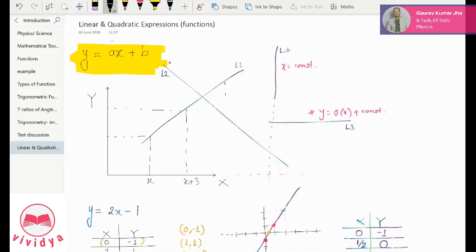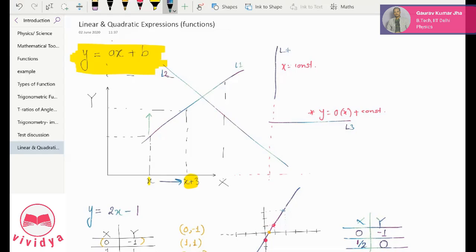You increase by 5, Y will also increase. So in L1, as X increases, Y also increases. Can you notice?